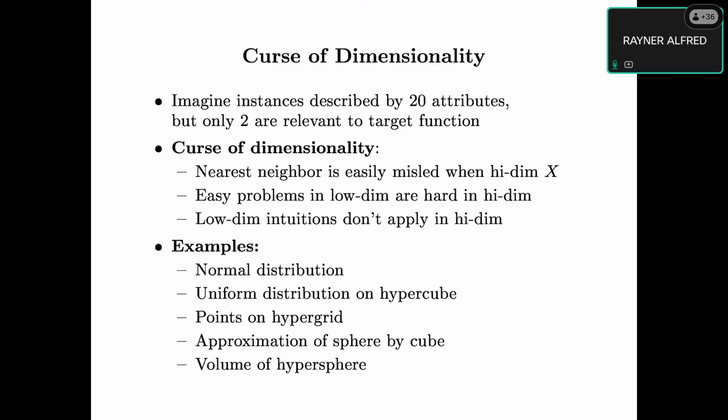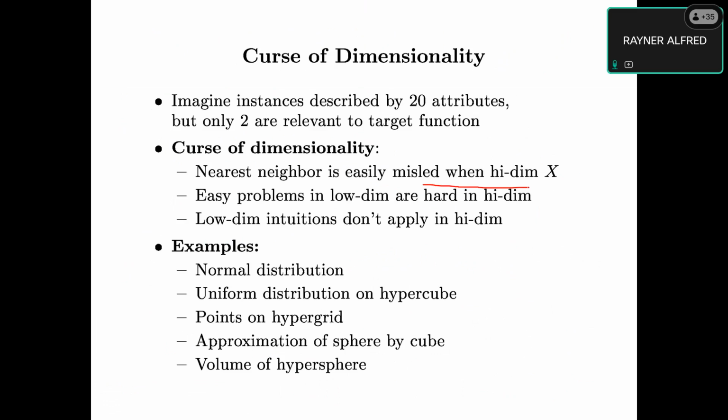So our target is to find only the relevant features that can be used to measure the differences between two items or two instances in our data set. Nearest neighbor is easily misled when you have high dimensional X, which means a high number of features.